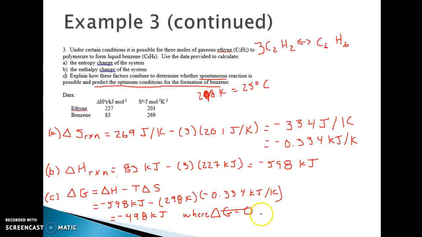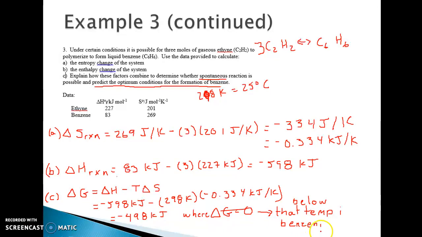So where delta G equals 0, that temperature is sort of the cutoff, so above that temperature, benzene won't be formed, or below that temperature, benzene will be favored.